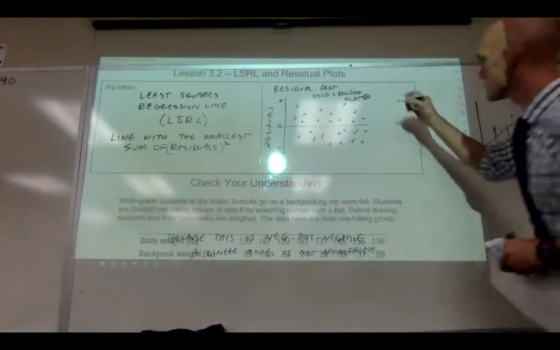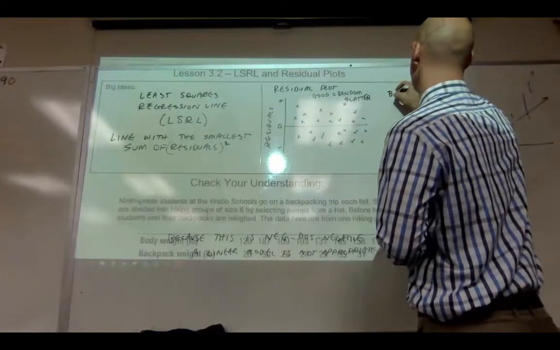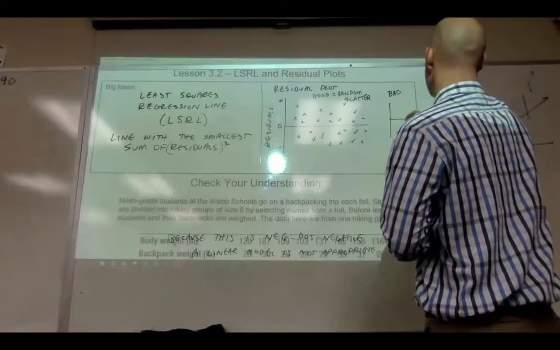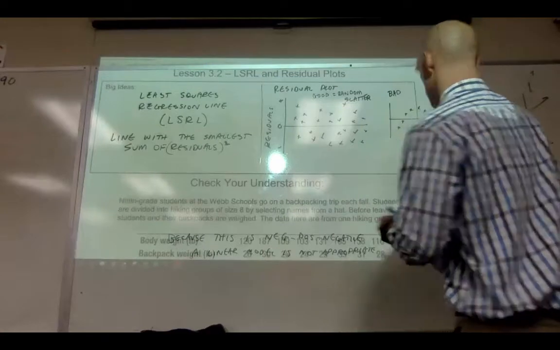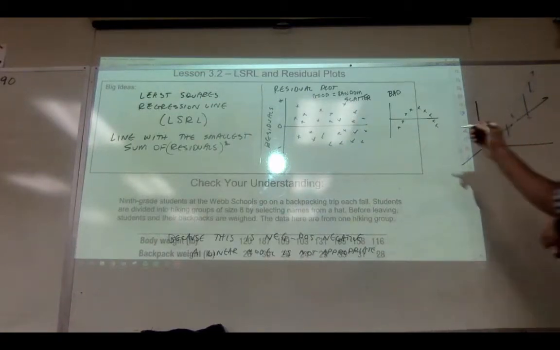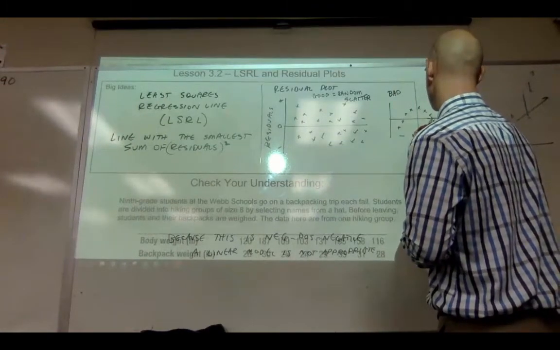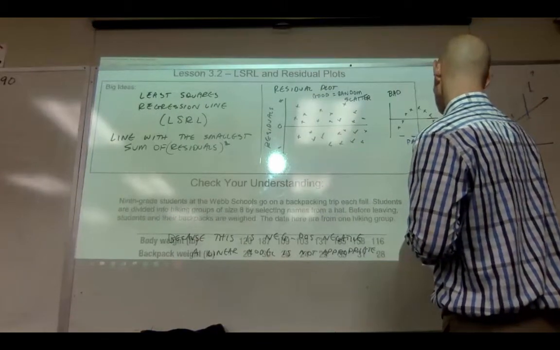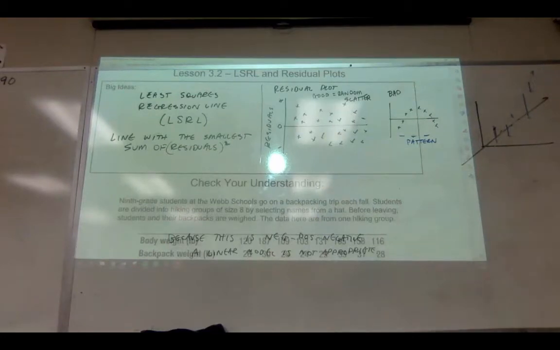So good has a random scatter. Here's a bad one. So bad has a pattern, like positive. So this would be a negative, positive, negative pattern. So this should be random scatter. Okay?